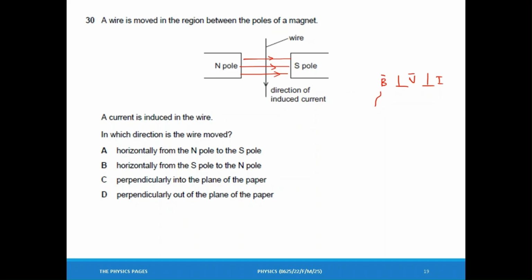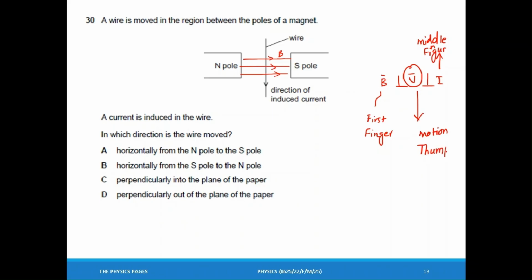If you stretch three fingers of your right hand in this way, the first finger shows the direction of the magnetic field B. The middle finger shows the direction of the induced current. The motion is shown by the thumb.